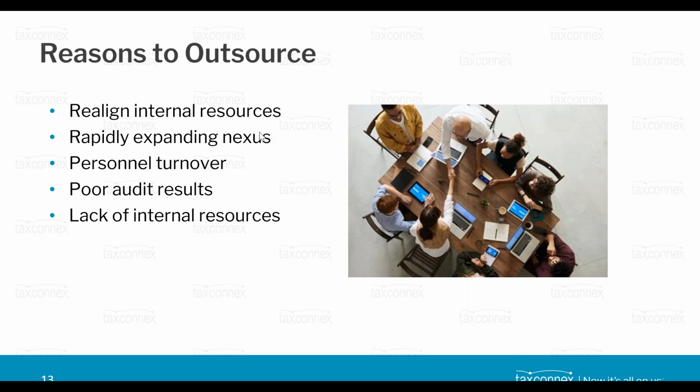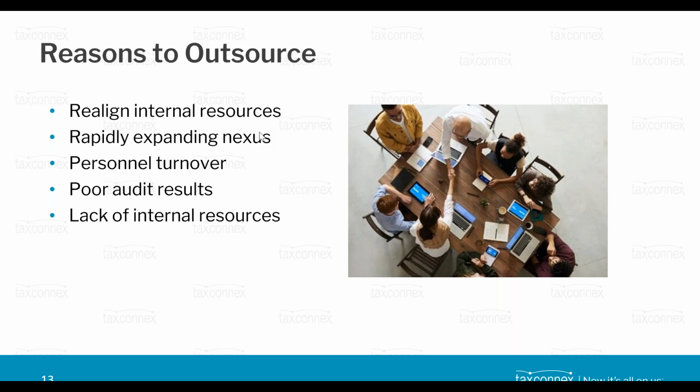Or maybe someone was managing it effectively internally, but that person gets promoted into another division or role, or leaves the company, and now there's a hole to fill in managing sales tax. That turnover becomes another driver for looking at outsourcing as an option.